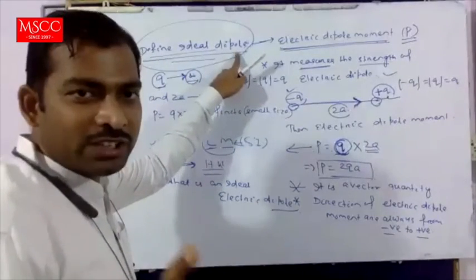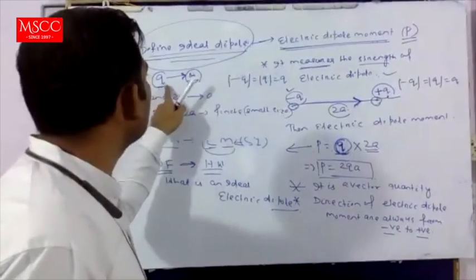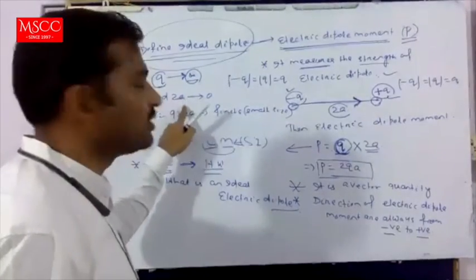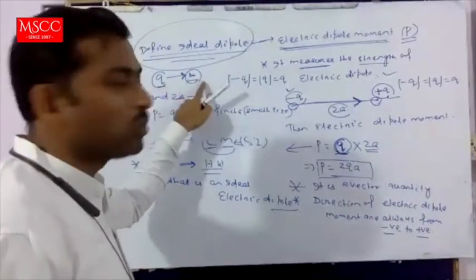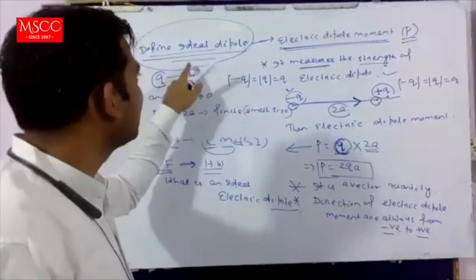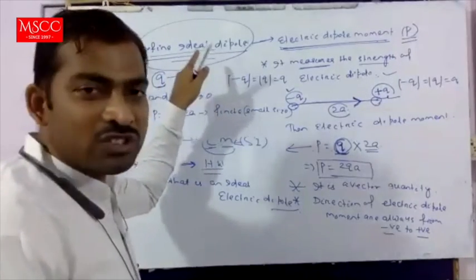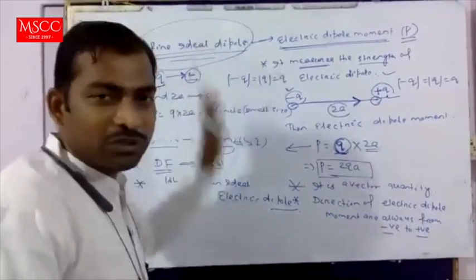That is the necessary condition: q tends to infinity and 2a tends to 0.